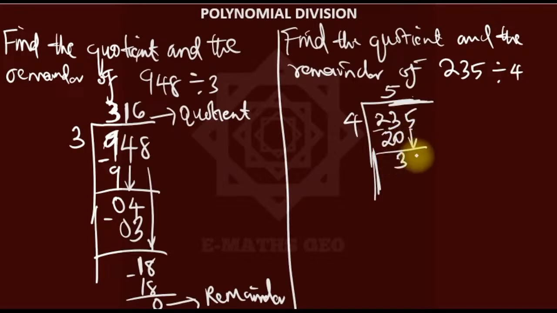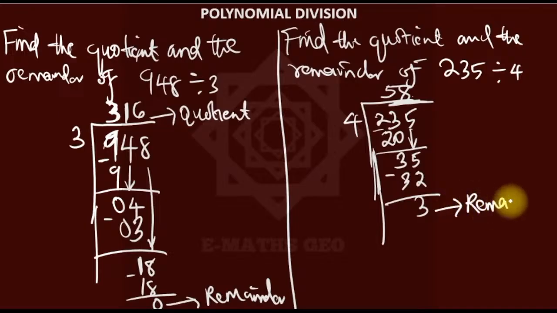So bring down 5. So 35 divided by 4 is 8. 8 times 4 is 32. We subtract. So our answer is, the remainder is 3, while the quotient is 58.